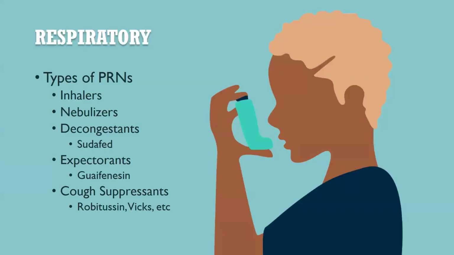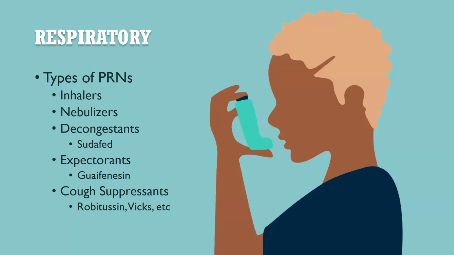For respiratory medications, there are several types of as-needed medications. The first two are pretty common with our clients who have significant chronic lung issues, and those are your inhalers and nebulizers. A common medication given in both those routes is albuterol.